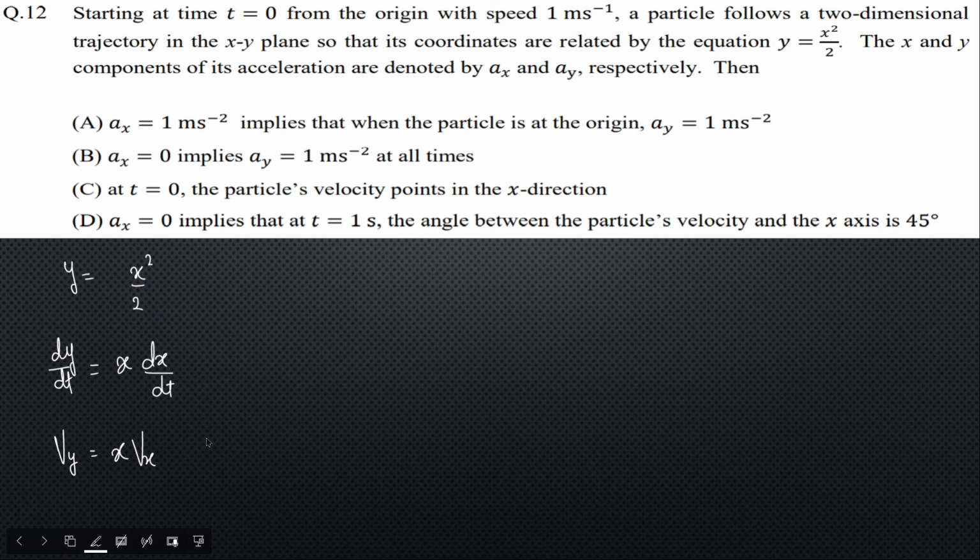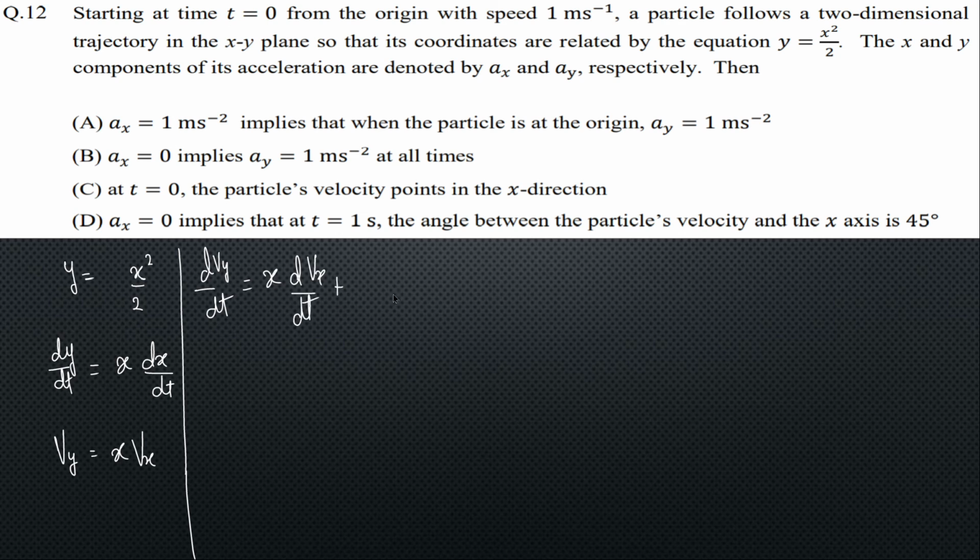Okay, so if I again differentiate both the sides, I will get dvy by dt is equals to x dvx by dt plus vx into dx by dt.